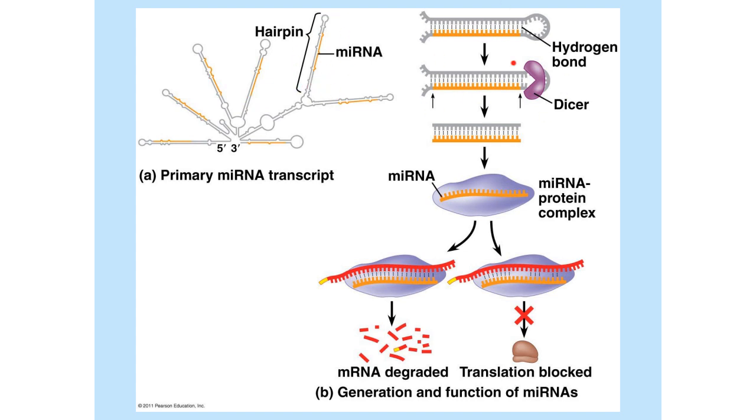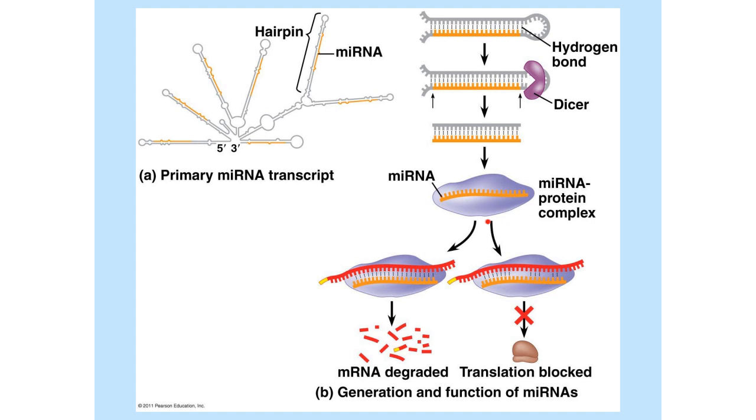Initially, it would be cleaved off of this primary microRNA transcript, and now we have this shorter hairpin. This enzyme, called Dicer, cleaves the ends off of the hairpin, so now we just have a double-stranded RNA. It's not DNA, this is all RNA.